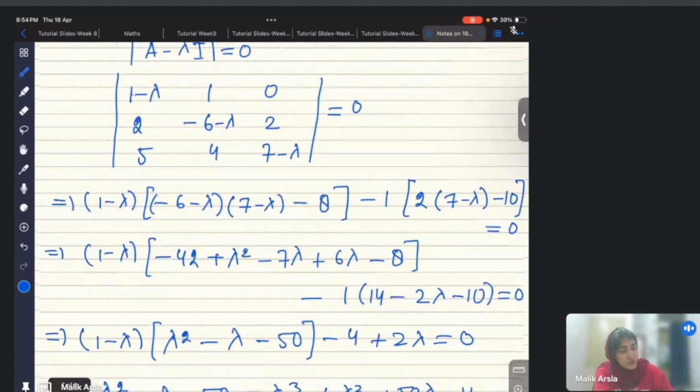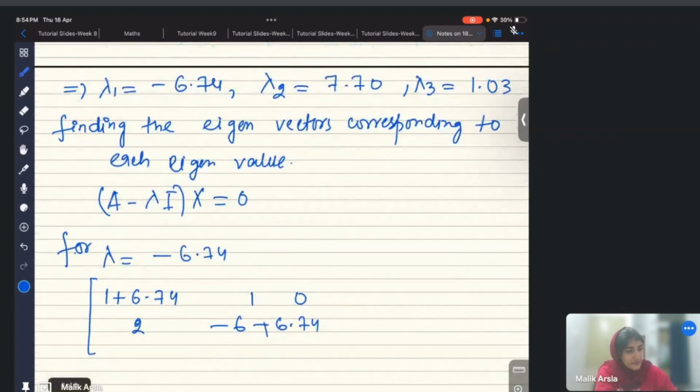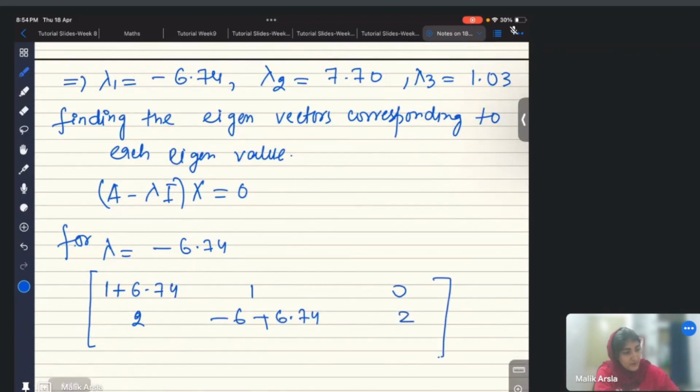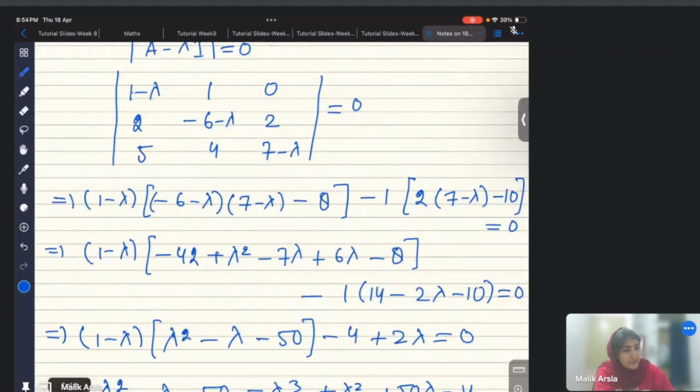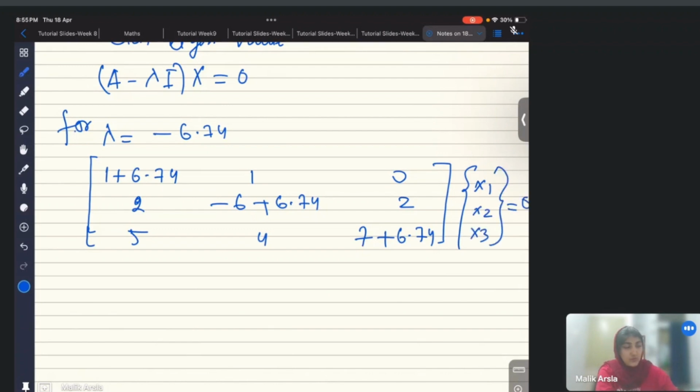The second row is 2, minus 6 minus lambda, that is minus 7 plus 7, and the third entry is 2 as it is. For the final row it is 5, 4 and 7 minus lambda, so 7 plus 6.74, times x1, x2 and x3 is equal to 0.